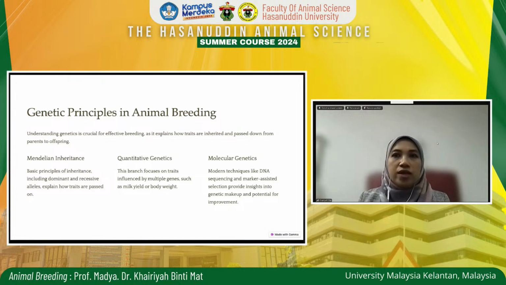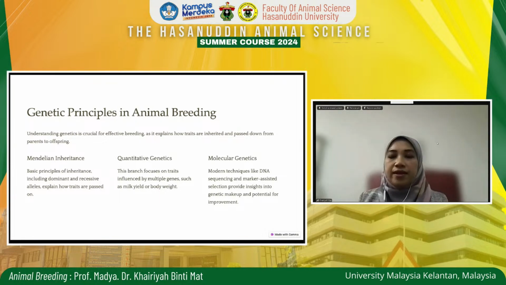Not only a milk production trait, it also involves feed conversion ratio. For example, the feed conversion ratio trait will also impact the milk production. Other than that, probably the body weight trait, or the growth of the cattle, will also contribute to the production of milk.